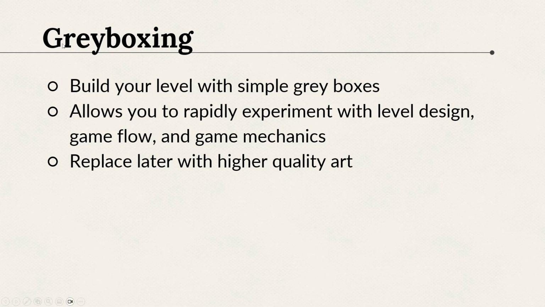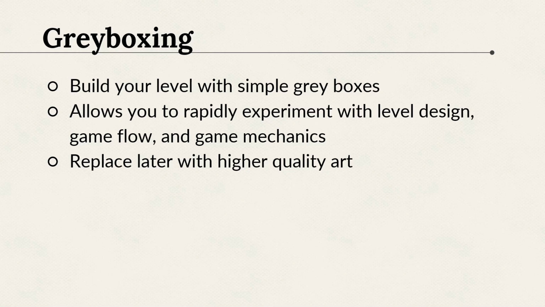So when you're ready to use a certain game engine, one thing that I want you to do first, before going into depth with character creation or environment creation, is gray boxing. Gray boxing is simply using simple boxes or simple spheres instead of objects, instead of characters, instead of your enemies.